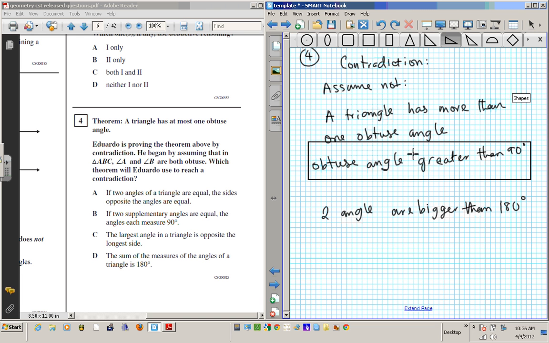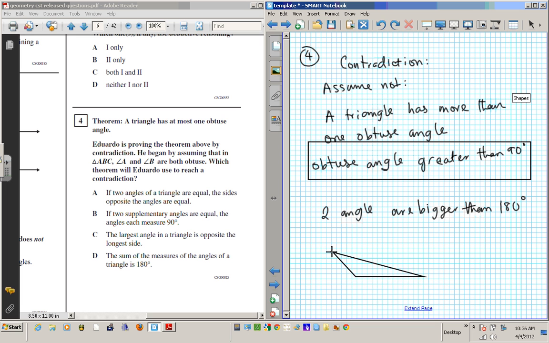We have a triangle like this, and this angle is 99, and this angle right here is 100. Since these two are obtuse, then the sum must be bigger than 180. So the sum of the measure of the angles of a triangle is 180. The sum of this triangle right here, which satisfies my assumption, is 199.